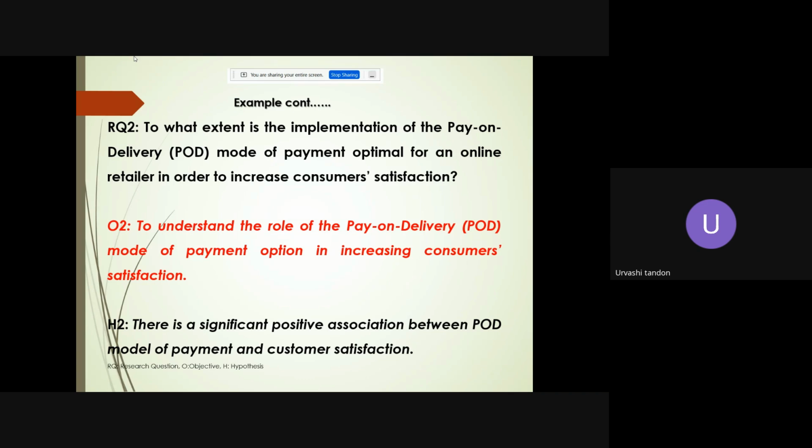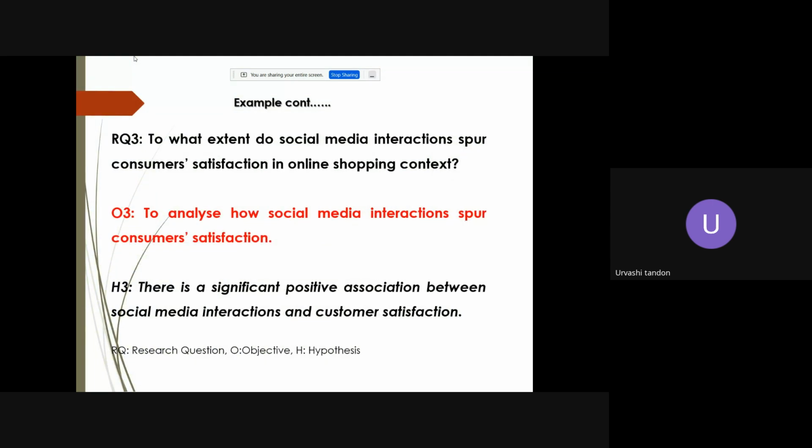I worked on cash on delivery, but when there was demonetization, I shifted it to pay on delivery mode of payment. So here the objective is to understand the role of the POD mode of payment in increasing customer satisfaction, and the related hypothesis is that there is a significant positive association between POD mode of payment and customer satisfaction.